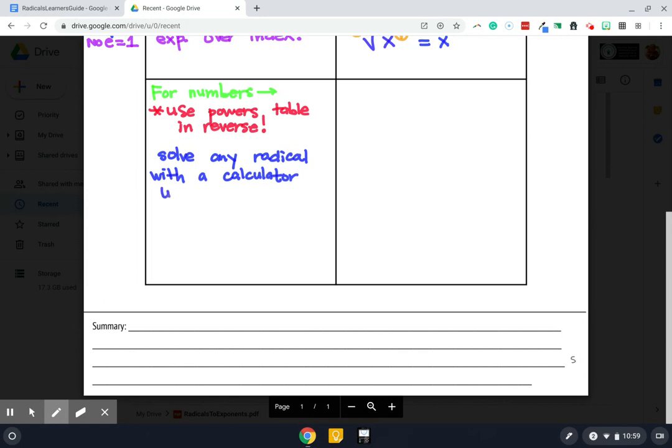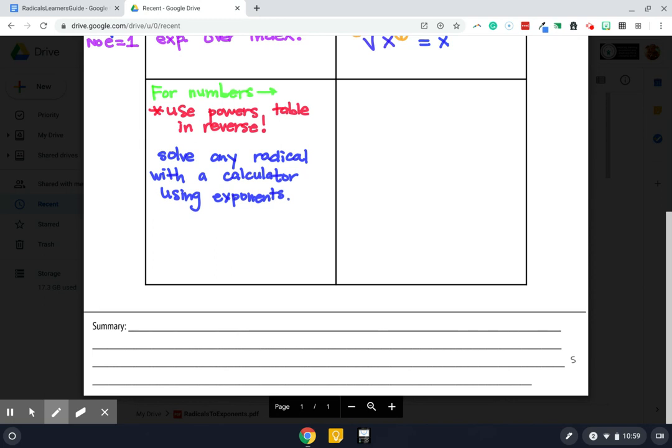What we'll do is use the exponent key on your calculator. It looks kind of like a caret. You know how sometimes they tell you to use Shift 6 to get that little caret? There's a button like that on your calculator. It's definitely going to come in handy, because we're going to use exponents to solve some radicals.